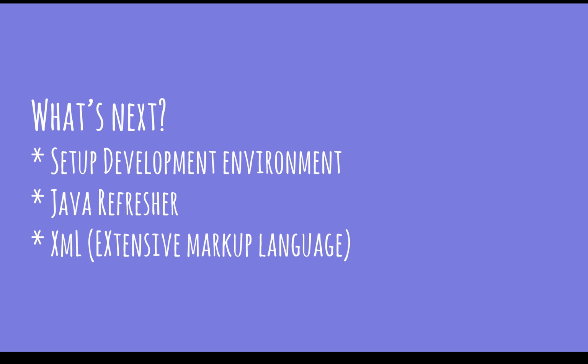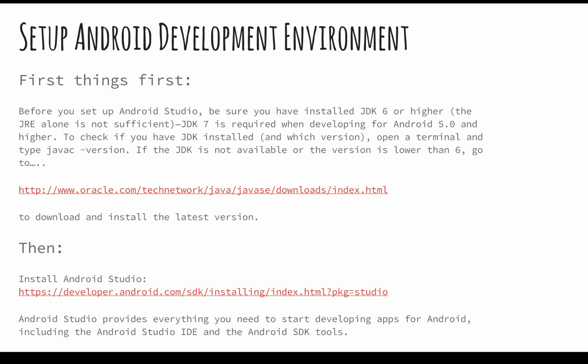Within Android Studio, we use XML, extensible markup language, and it does have a WYSIWYG or drag and drop or whatever you want to call it, development environment. But some have found it easier to just write in the XML code. So we'll look at both in class.